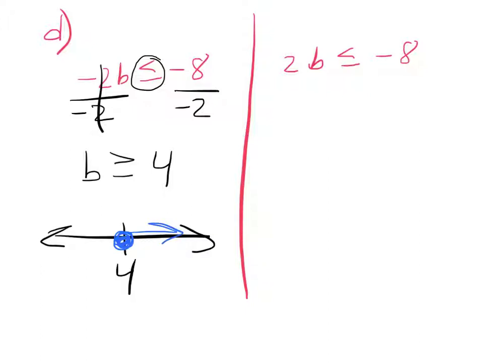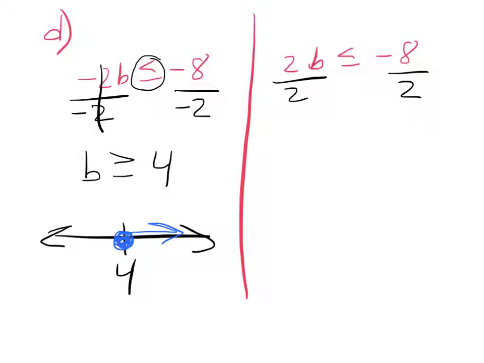Let's look at the inequality on the right. Again, I'm going to divide, but I need you to notice something. I divided by a positive number on both sides. This negative 8 has nothing to do with flipping the inequality. It was there originally. The negative 8 has no effect. What changes things is what you divide by. I divided by 2 on both sides, and so I don't flip the inequality.